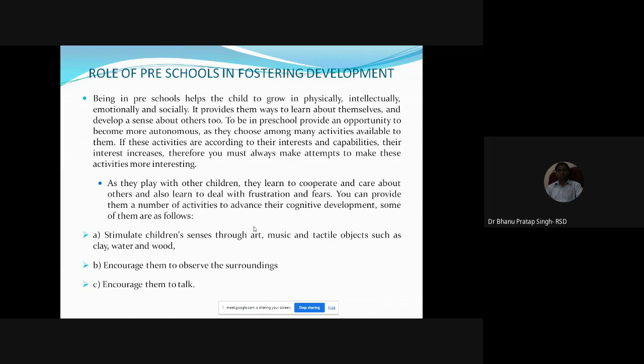And third is to encourage them to talk to others, talk to teachers, talk to parents, talk to friends. So these are the roles of preschools, basically the role of the teacher as a whole in preschool. So this is the role of preschool in fostering development.